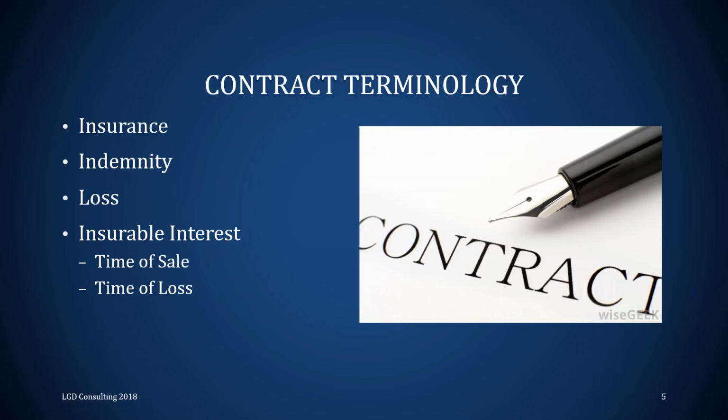So you can insure your house, because if your house were to burn down, it will cost you money to rebuild it. But you could not insure your neighbor's house, because if your neighbor's house burns down, financially there's no effect for you. In fact, if you could collect from the insurance, you would have made a gain, which is contradictory to what insurance is all about. It's there to cover the loss, not to give you a gain.